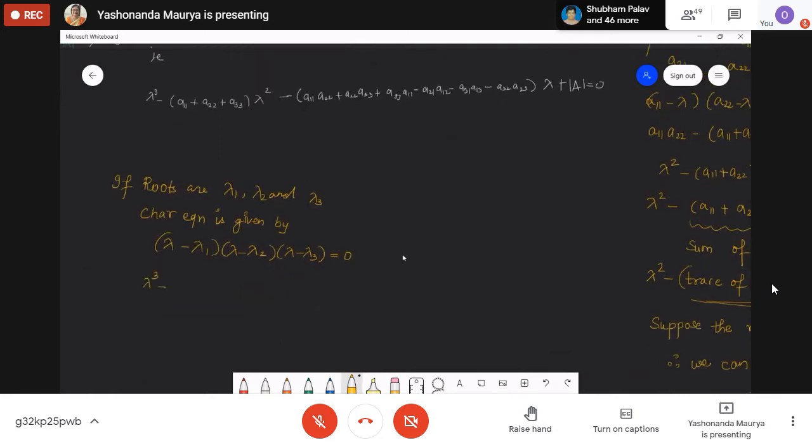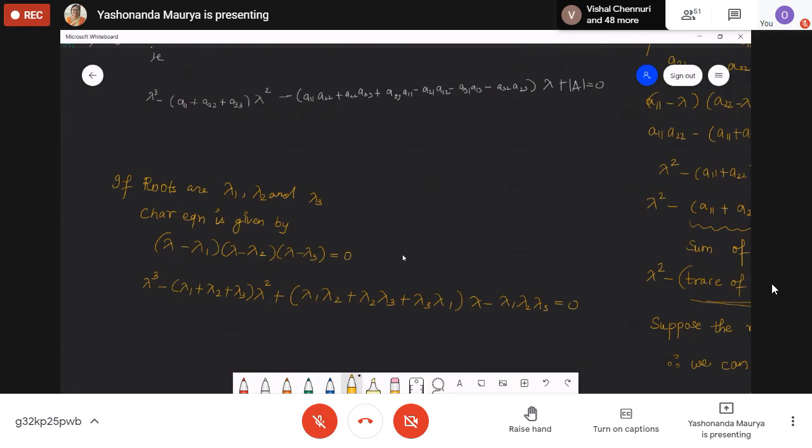Lambda cube minus lambda 1 plus lambda 2 plus lambda 3 times lambda square, plus lambda 1 lambda 2 plus lambda 2 lambda 3 plus lambda 3 lambda 1 times lambda, and the next term should be negative, minus lambda 1 lambda 2 lambda 3, equal to 0.